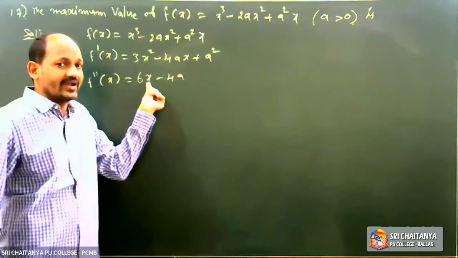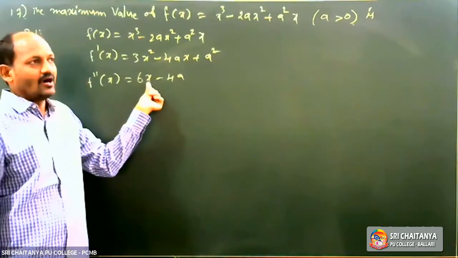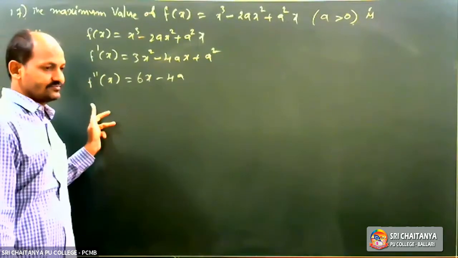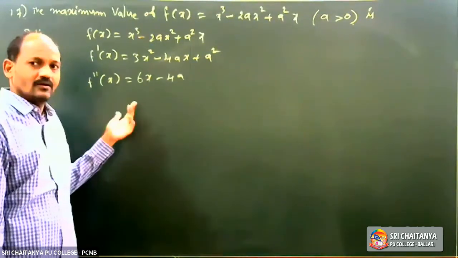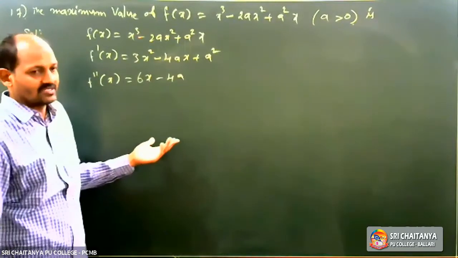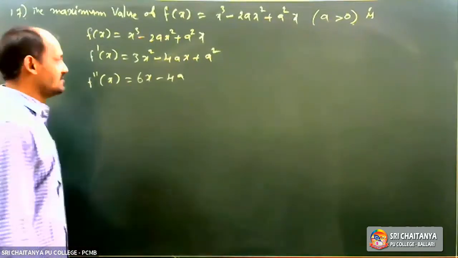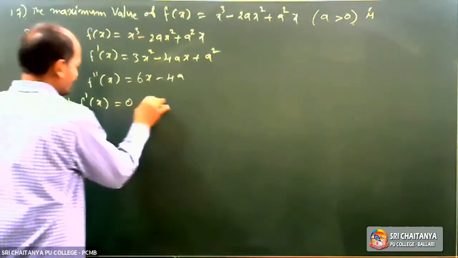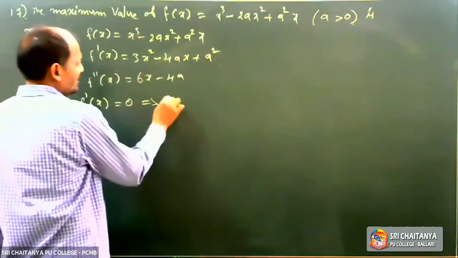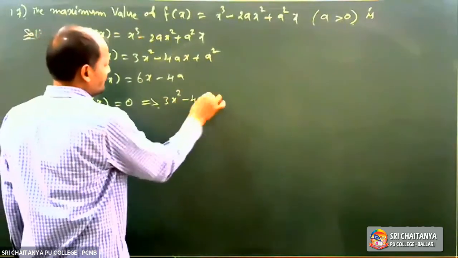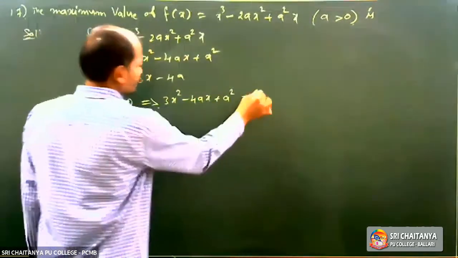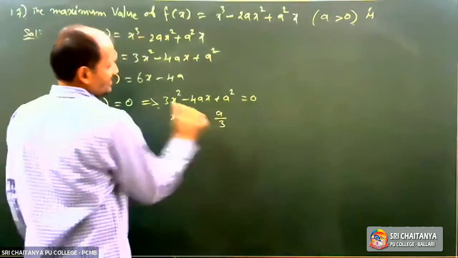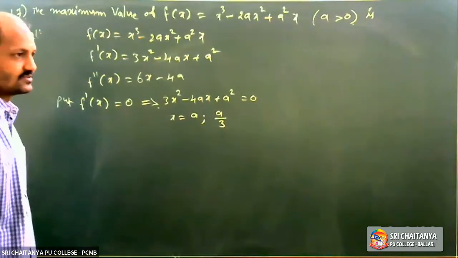So first we have to find the x value. How to find x? Consider first derivative equal to 0. The necessary condition for maximum or minima is that the first derivative is equal to 0. That means f dash of x equal to 0, we get 3x square minus 4ax plus a square equal to 0. Then we get x equal to a and a by 3 as factors.